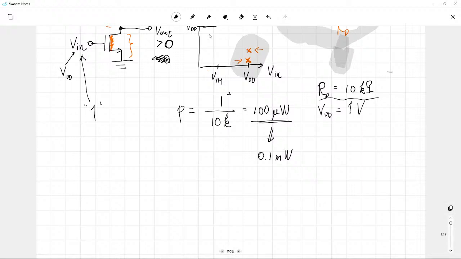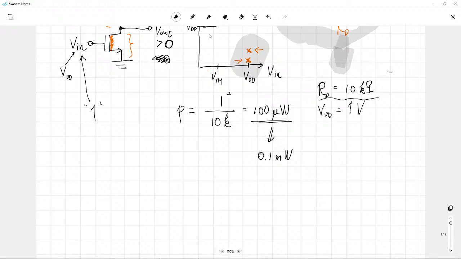Can you live with this kind of power dissipation? Think about your entire chip. You can go to a certain well-known chip maker, and they always advertise that their entire chip with billions of transistors consumes so many watts.